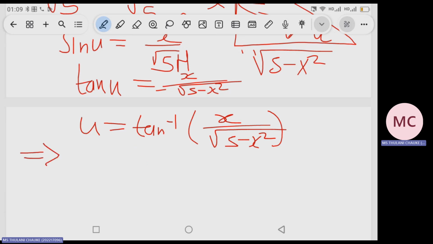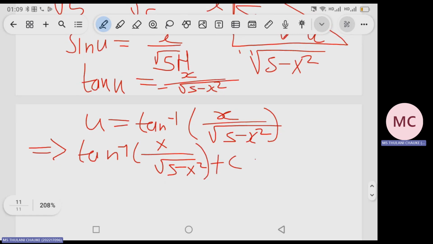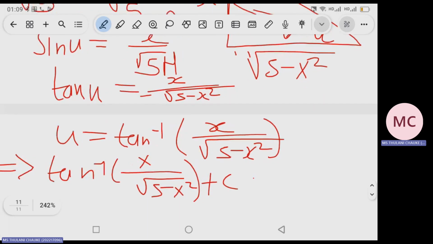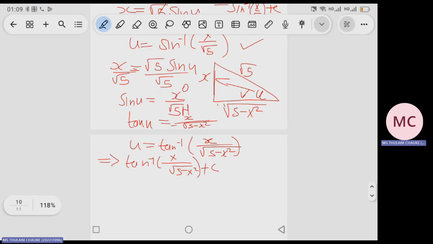So the final answer could have also been arctan of x over root of 5 minus x squared plus c. Or you can represent everything in terms of cos, which I'm not going to do.